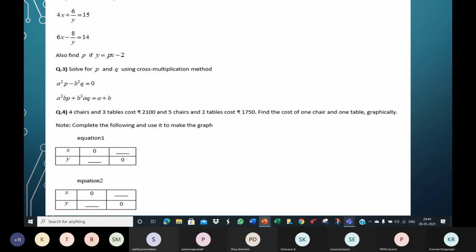If Y is equal to 0, X is equal to 525, ma'am. Yes, when Y is 0, X is 525.